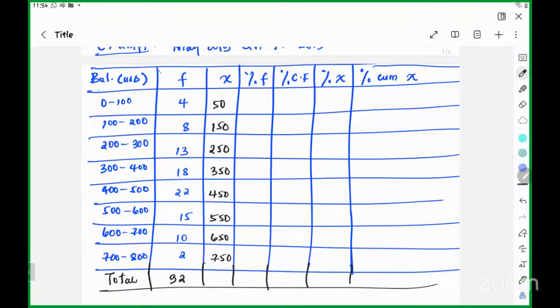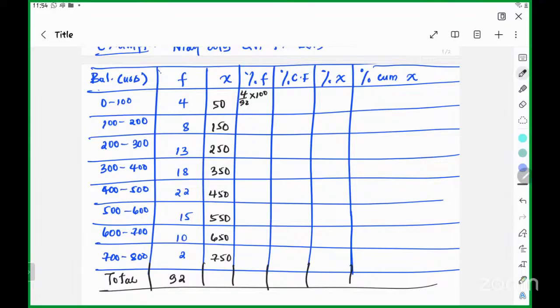So we have 4 out of 92 times 100. Can you give us to 2 decimal places? Actually, sometimes we round off to 1 decimal place. 4.4.